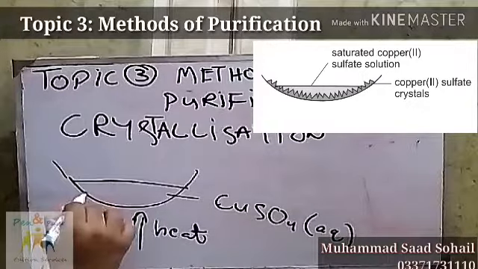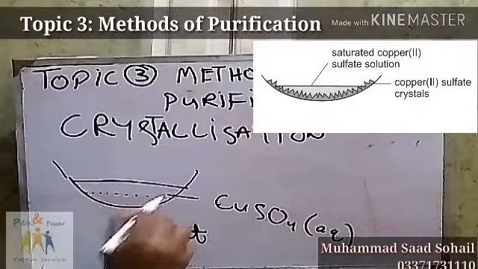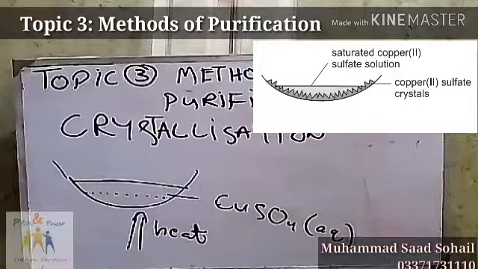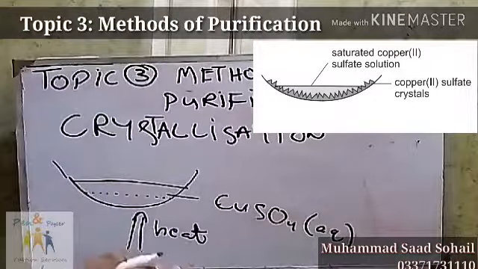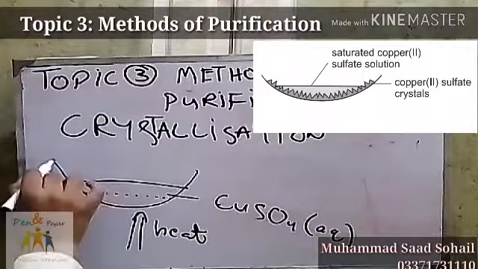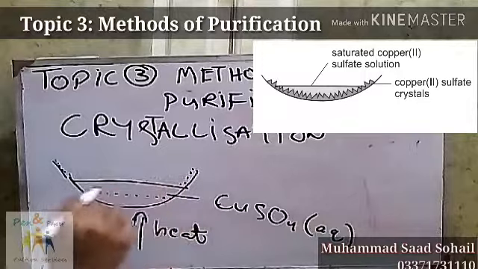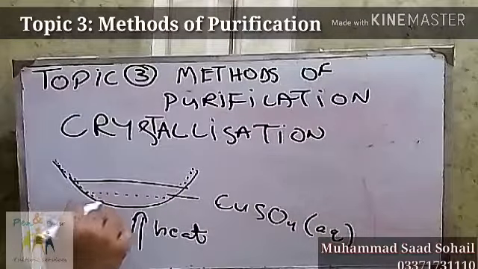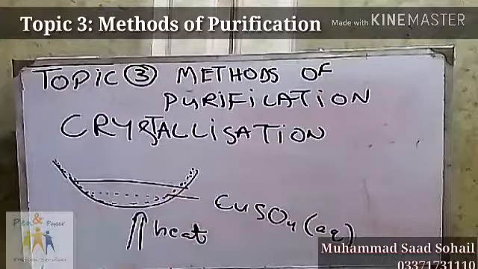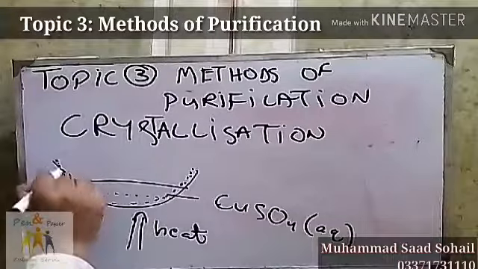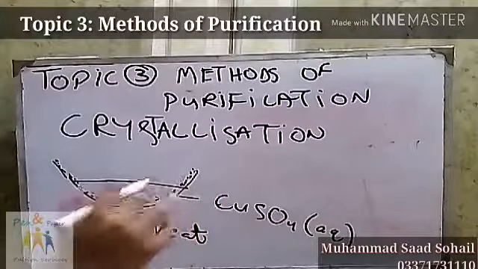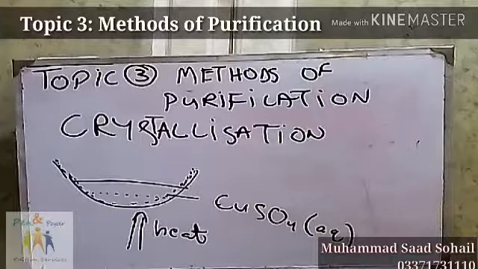Let's say that you heat it until the solution reaches this level, approximately half its volume. And then you allow it to cool. After cooling, you would start seeing crystals forming here on the surface area on the inside. So this is how you crystallize. Okay.